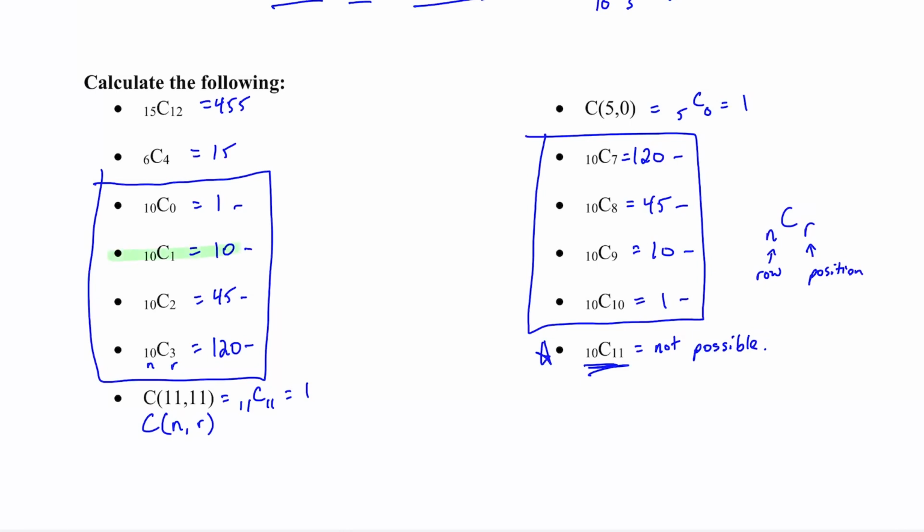I also want to note that, hey, why would it be that 10 choose 1 is equal to 10 choose 9? Well, you can think of it this way. If you are choosing one person out of 10, or if you're choosing 9 people out of 10, they're really the same thing, because if you're choosing 1, well, you're choosing one person.